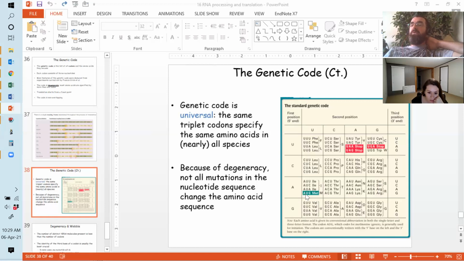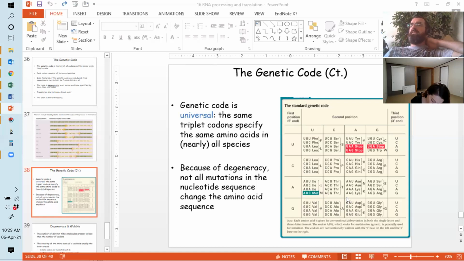So if you have any mutations in this codon, no translation, because there is no other tRNA that will bring a methionine in. And this is absolutely essential for the initiation of translation in both prokaryotes and eukaryotes. And so that's what we mean by degeneracy.